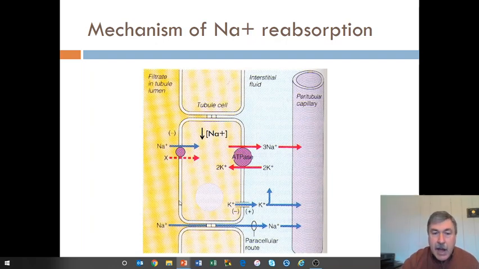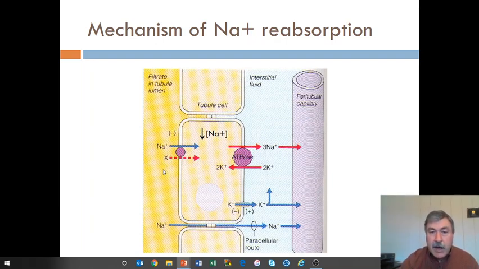Okay, now in the luminal membrane there are carrier proteins that are involved in facilitated diffusion of sodium. So remember, facilitated diffusion is a form of passive transport, but it requires a carrier protein. So that's the kind of transport we have in the luminal membrane, facilitated diffusion. But since facilitated diffusion is a passive form of transport, you have to have a gradient.